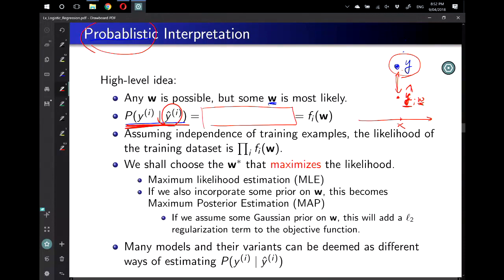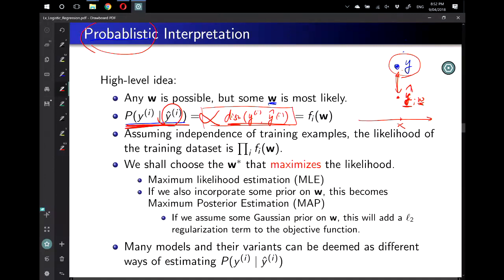So the simple way to think about it is that the probability is proportional to some kind of distance between yi and y estimate of i. Depending on which kind of distance you use, this corresponds to a different probabilistic interpretation.